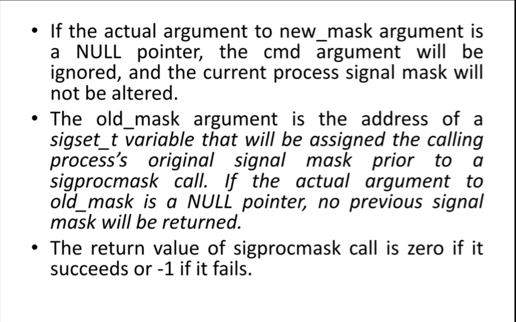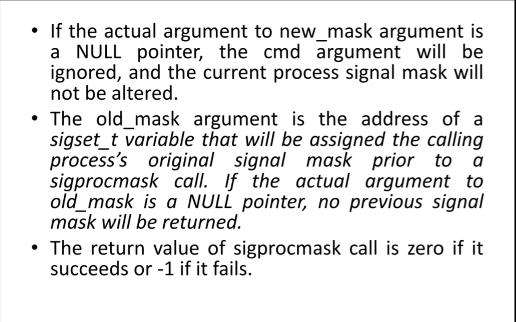You are not going to consider the CMD argument if the new mask argument is a null pointer. Why? Because you are not adding anything. You are not adding any new signal to the signal mask. So that's why the CMD argument will not be affected here, it will be ignored. And whatever the previous process signal mask is there, it's not going to be altered. The same signal mask will be maintained.